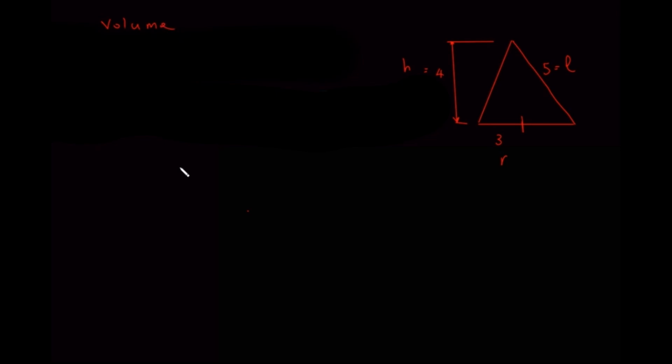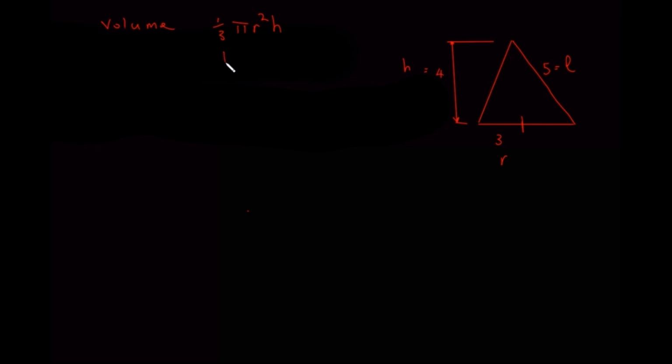Now, the formula for volume that they gave us was 1/3 pi r squared, that's the area, isn't it, times the height. So we're using this one now instead of that one. We just substitute in.